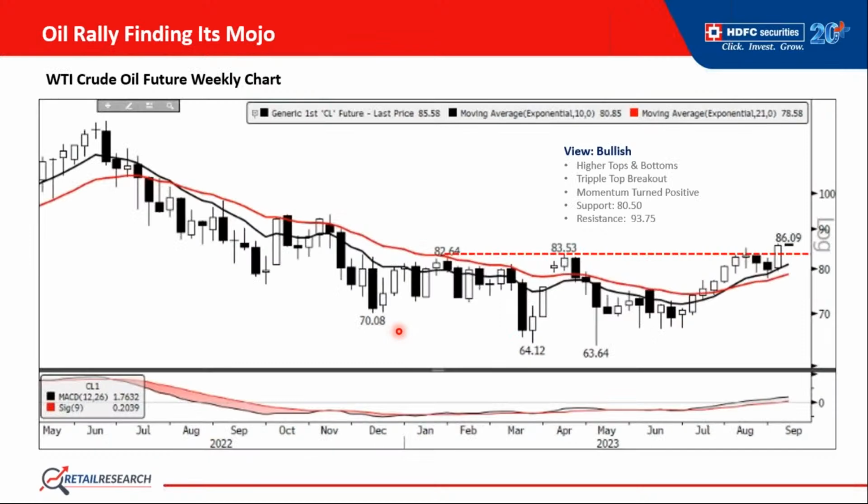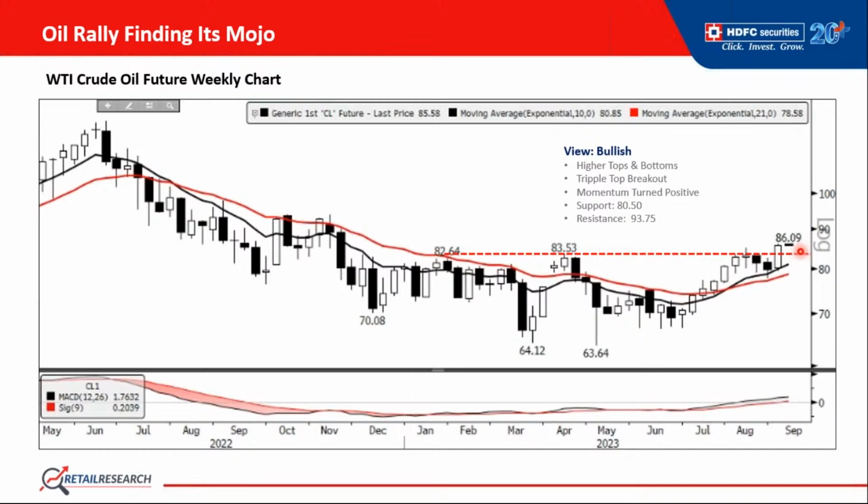Another worry for the rupee is that crude oil prices are back at the yearly high level, and that may create a problem. Technically, if you go by the numbers, oil has found its mojo, and it has started trading with higher bottoms and has given multiple top breakouts.